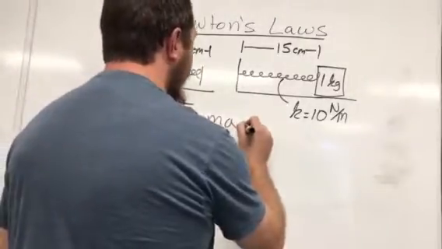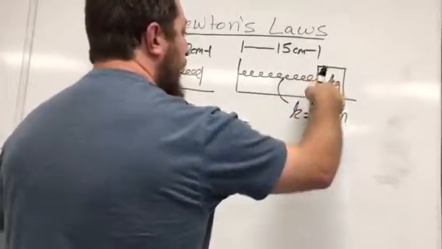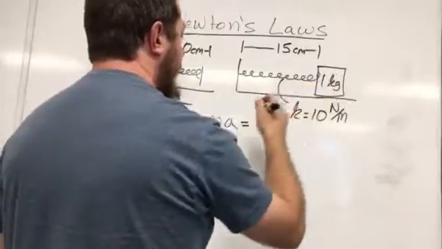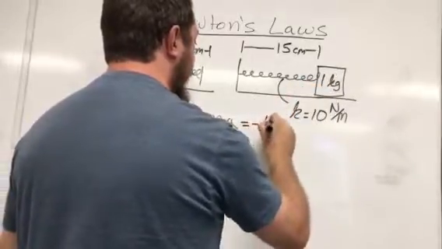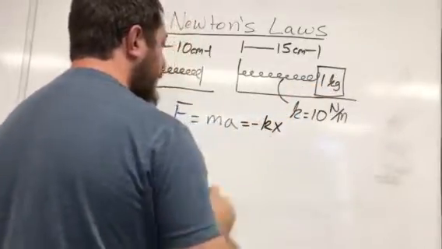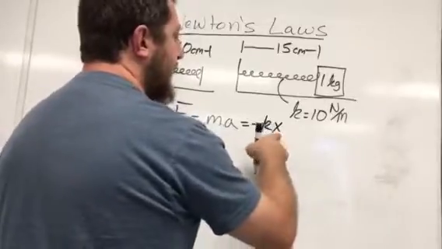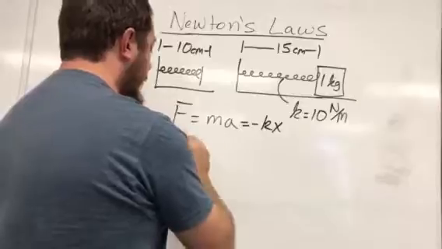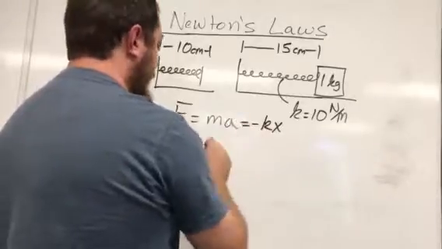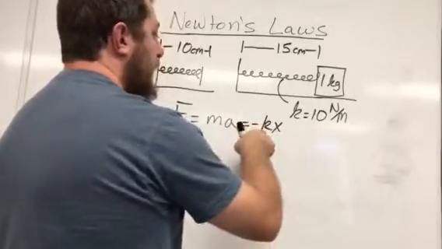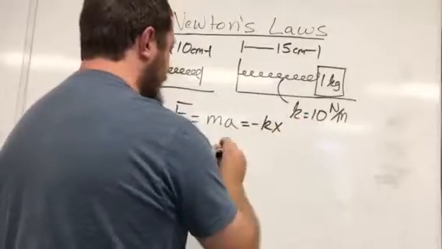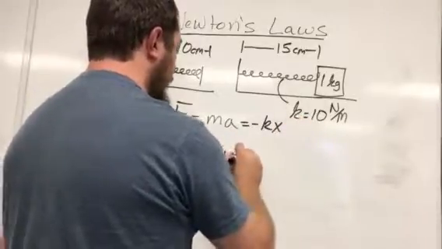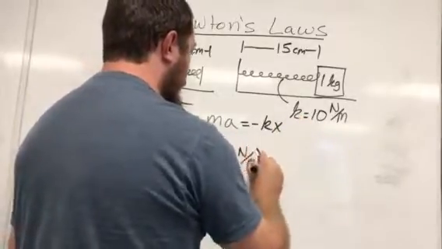And this is going to be equal to, if I let it go, the only force acting on it is the spring, so this is going to be negative kx. And again, x is the distance stretched, okay? So my spring constant is 10 newtons per meter.